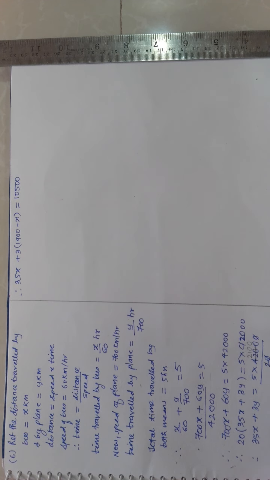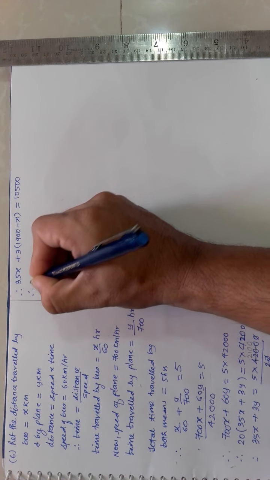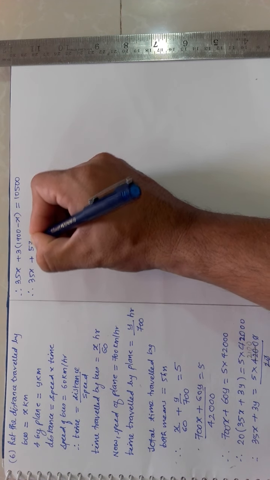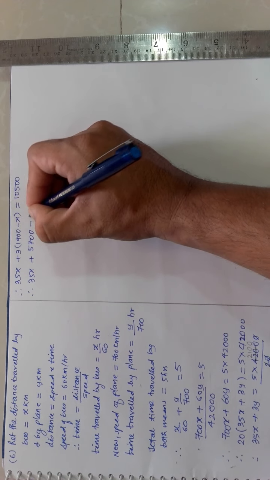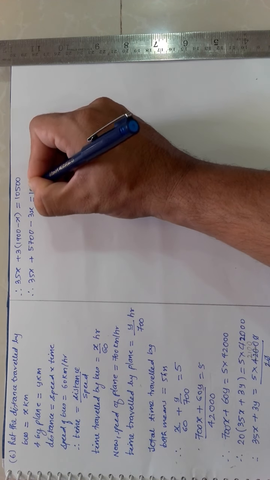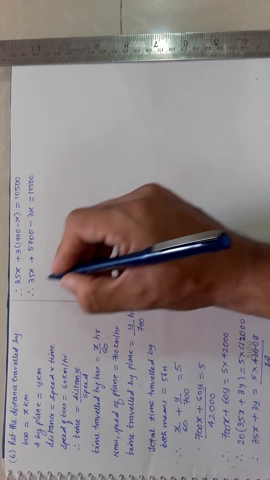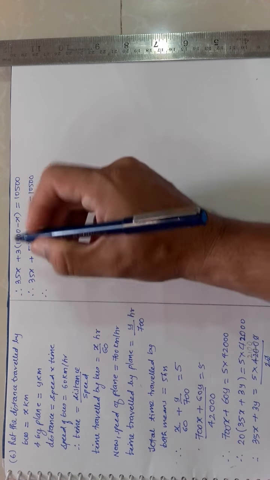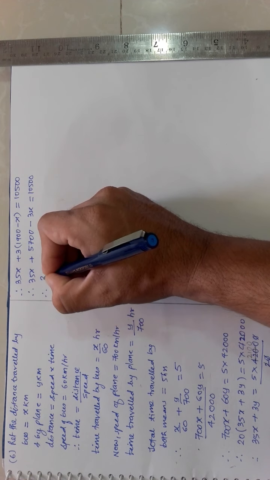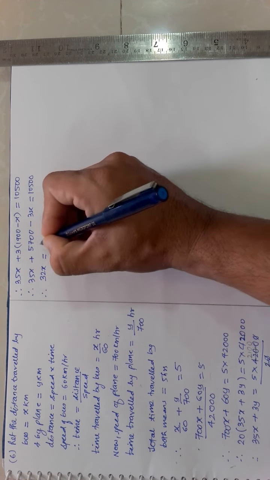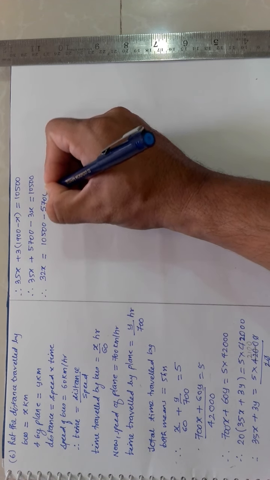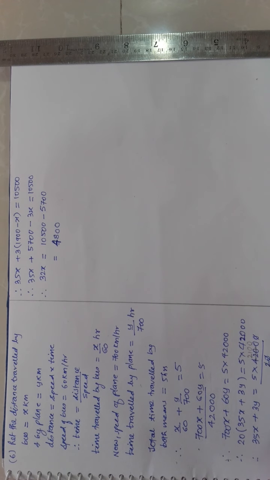So I get here 35x plus 3 into 19 is 57, minus 3 into x is 10500. Sorting out the like terms, 35x minus 3x is 32x, and 10500 subtract 5700, that is 4800.